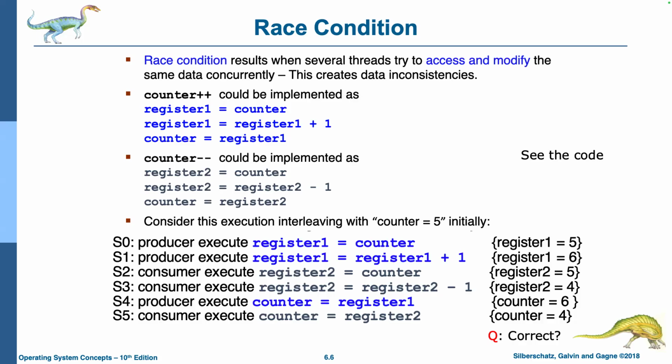How about this one? Is that correct? So counter increased by 1, and counter decreased by 1, and they interleave with each other. Initially, counter is 5.